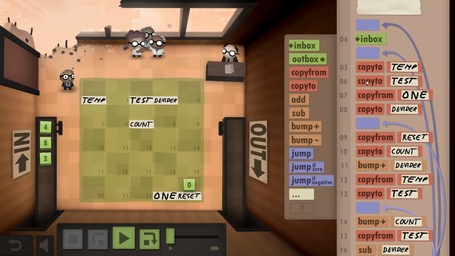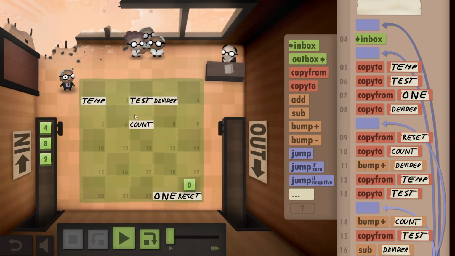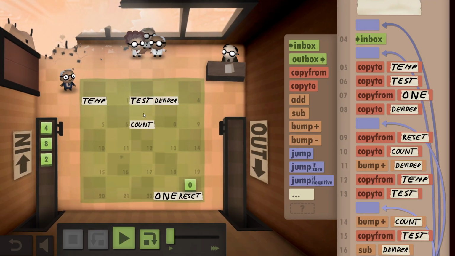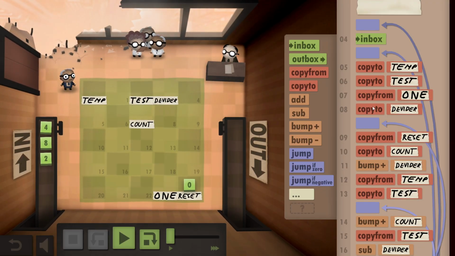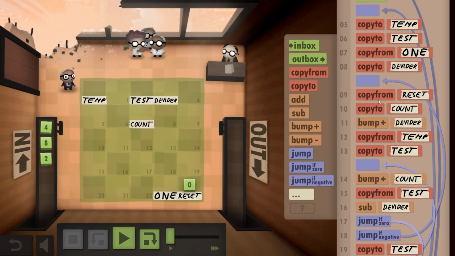We'll see. Or that was 4. I think that was the issue. Right? Because that's supposed to be 5. If it was 5... Yeah. We'll see. We'll do it again until we figure it out. Copy 1, copy divider.